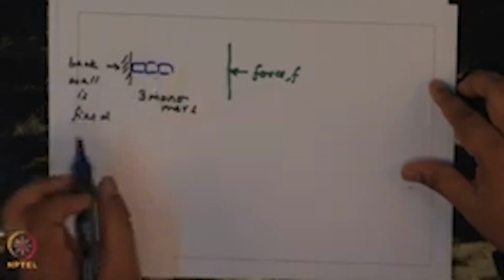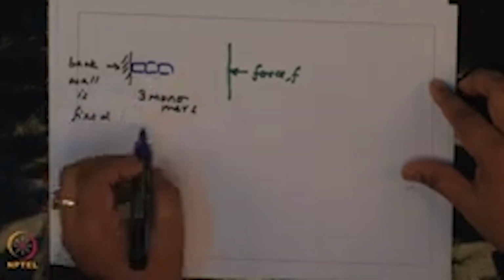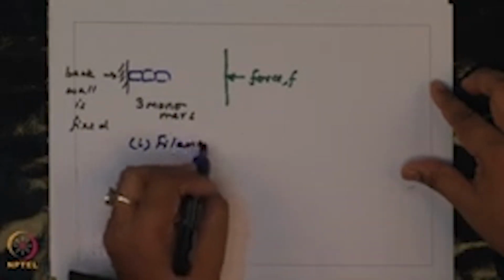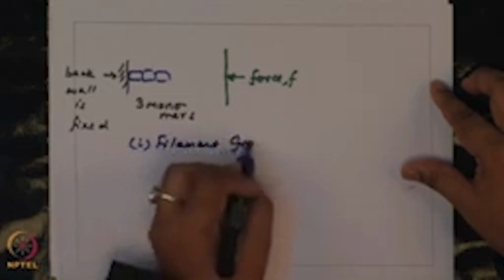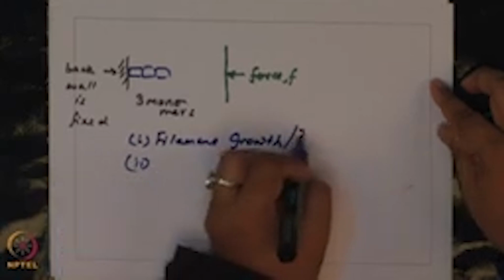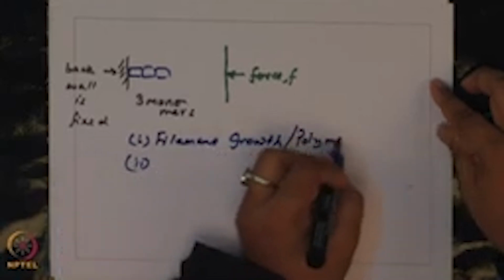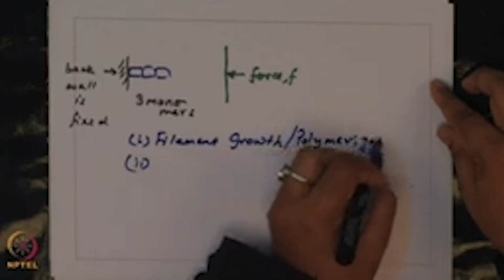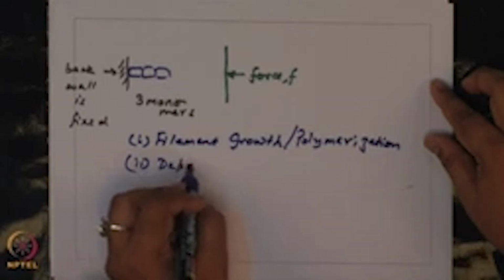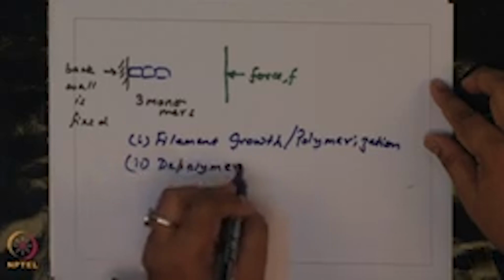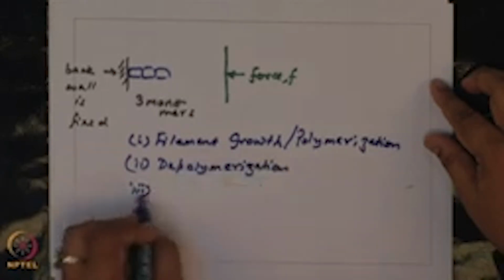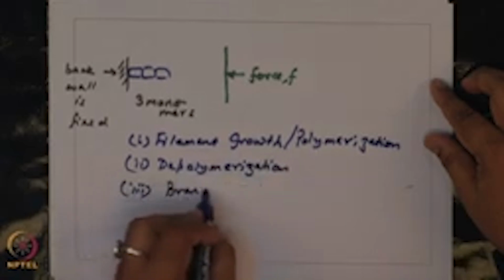Okay. So, the events that we discussed as possible are filament growth or polymerization, depolymerization, and branching.